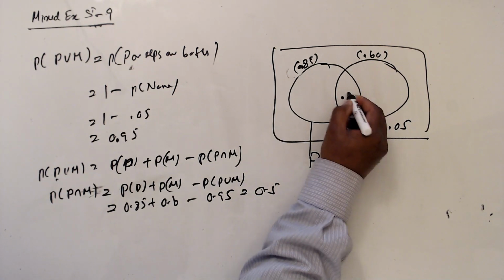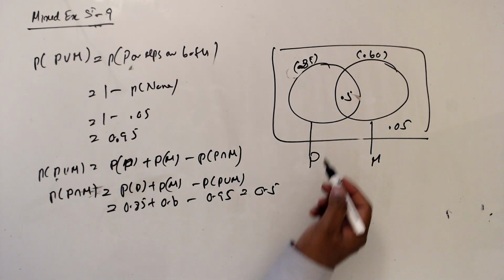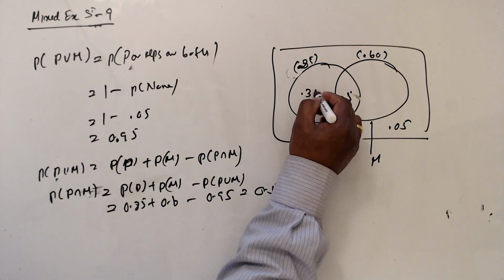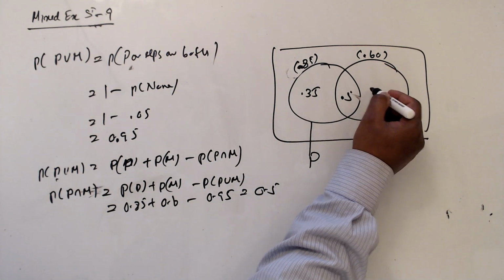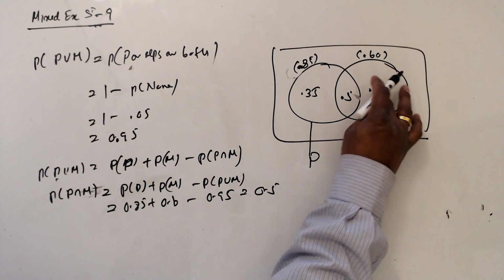So this is going to be 0.5. Then this one is going to be 0.35, and this is going to be 0.1.